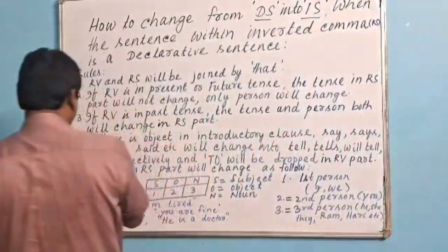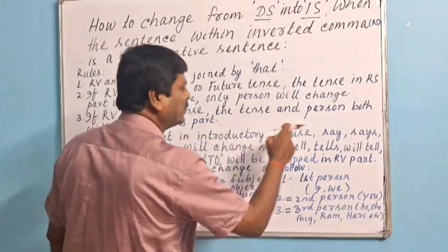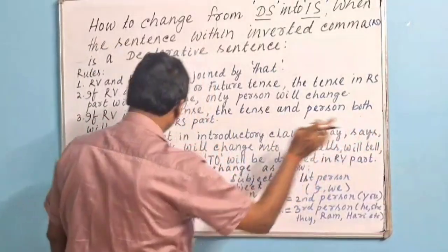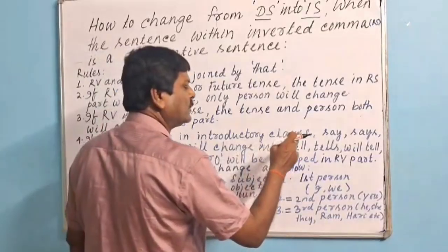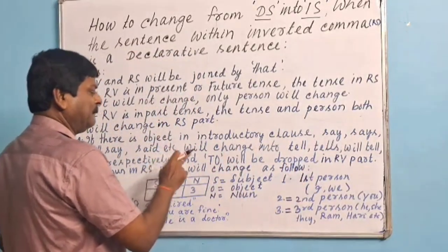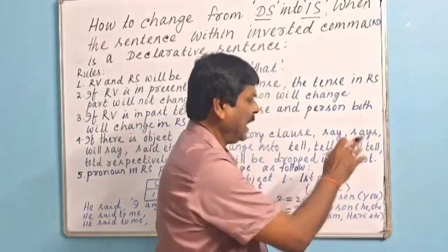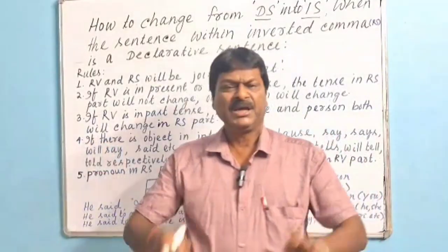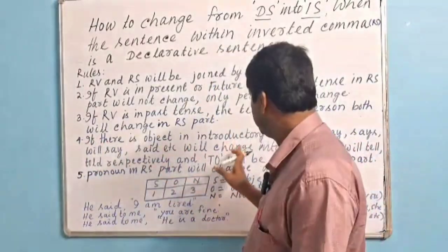Then point number 4, if there is object in the introductory clause in RV part, say, says, will say, said, etc., will change into tell, tells, will tell, or told respectively, and the to will be dropped in RV part. So this point says if there is object in introductory part, then what will be the consequence?